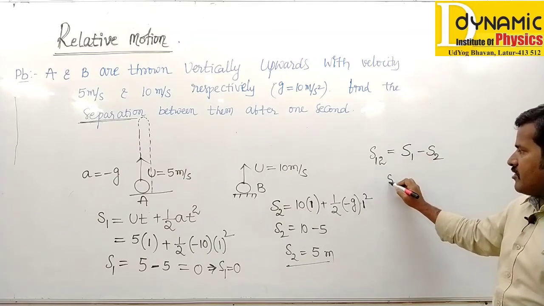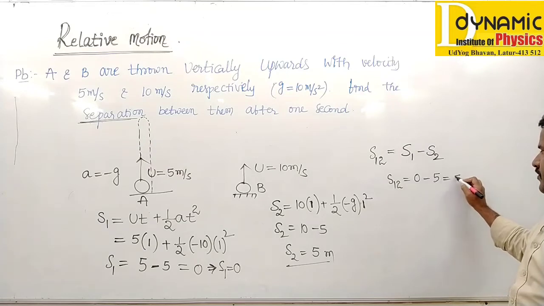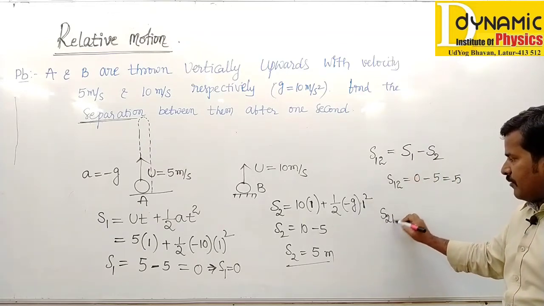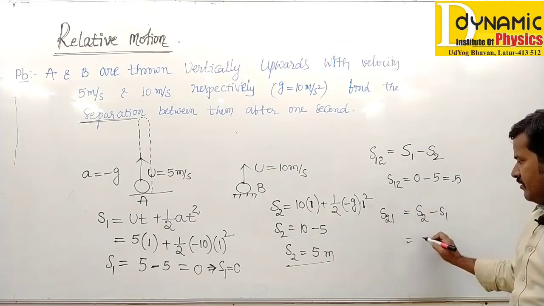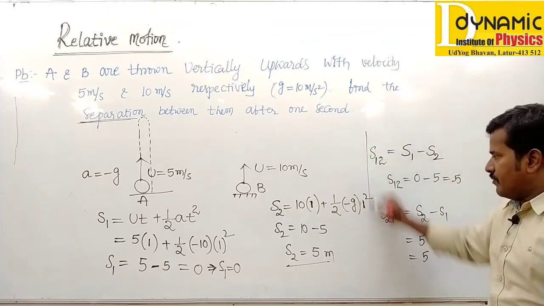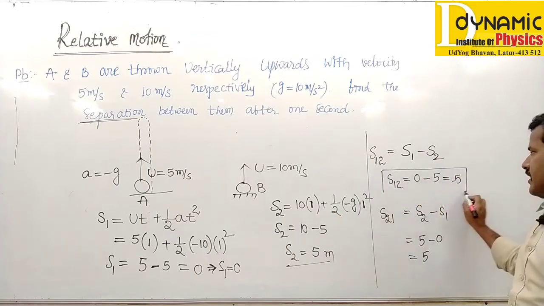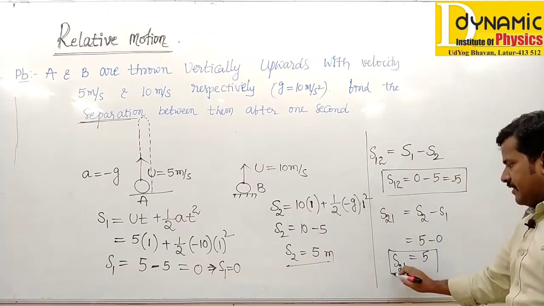Its value S12 is 0 minus 5, that is minus 5. The relative displacement of the second body with respect to the first, S2 minus S1, is 5 minus 0, this is 5. So these are the relative displacement of the first with respect to the second, and of the second with respect to the first.